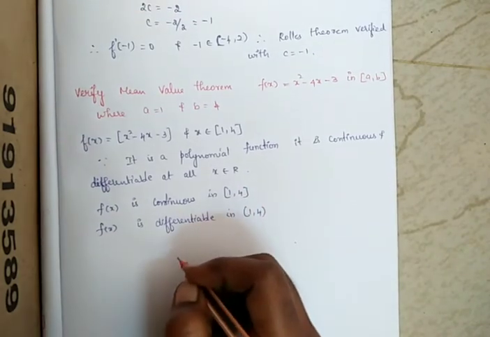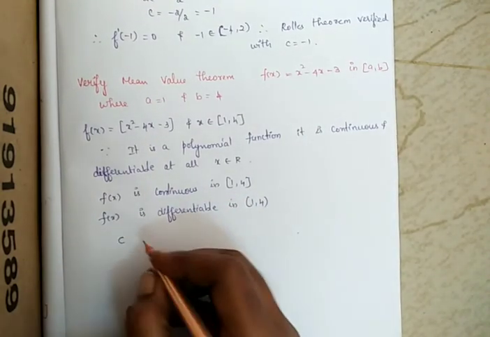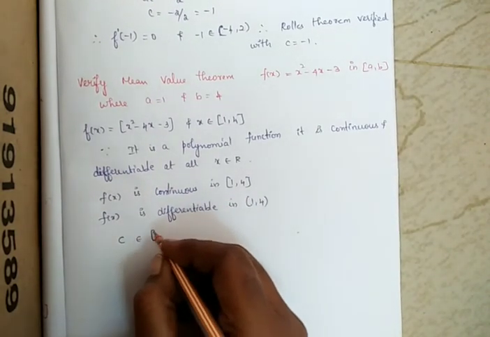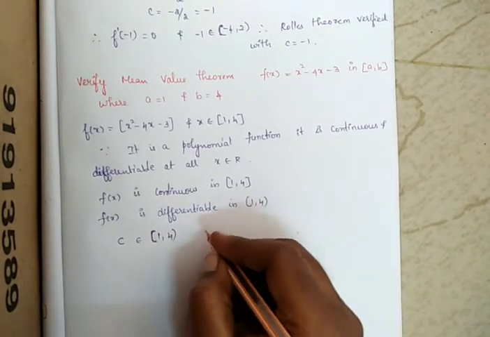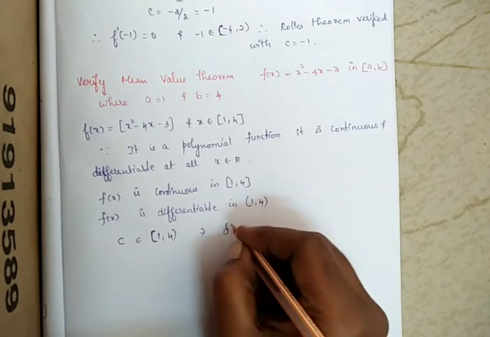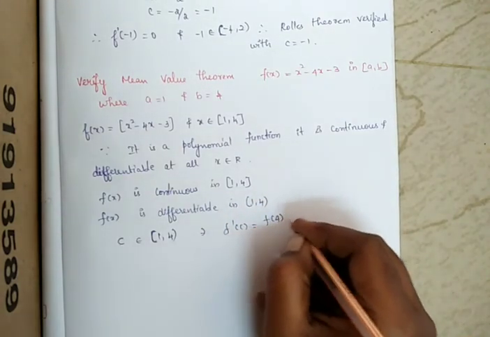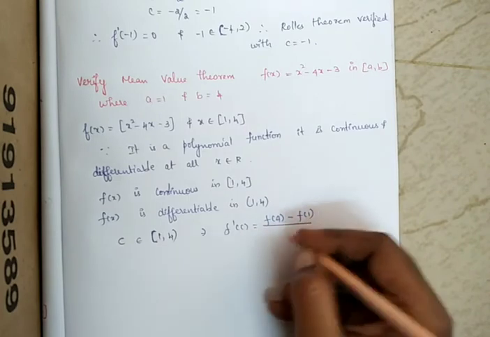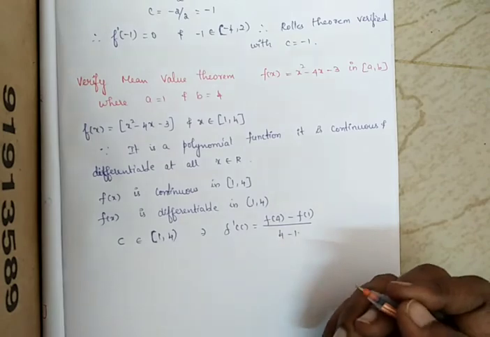In that case we have to find that C that should belong to open interval 1 comma 4, such that f dash of C is equal to f of 4 minus f of 1 by b minus a, that is 4 minus 1.